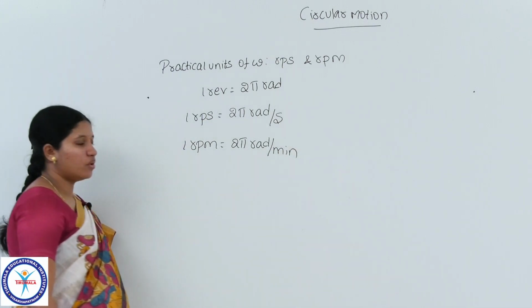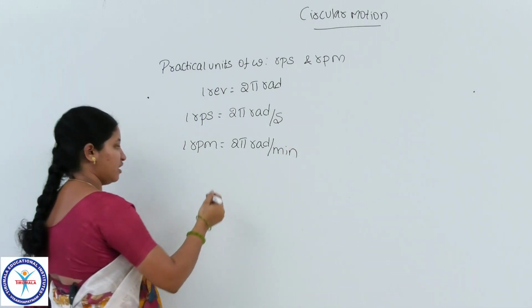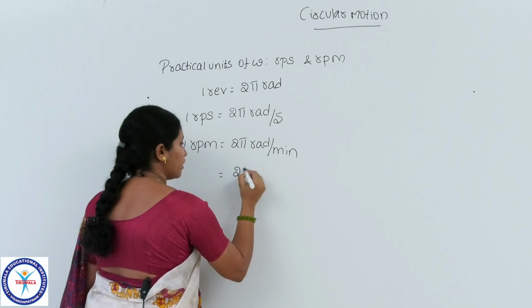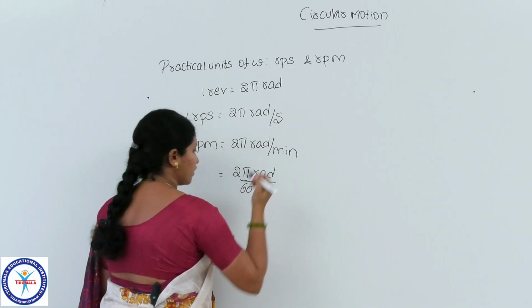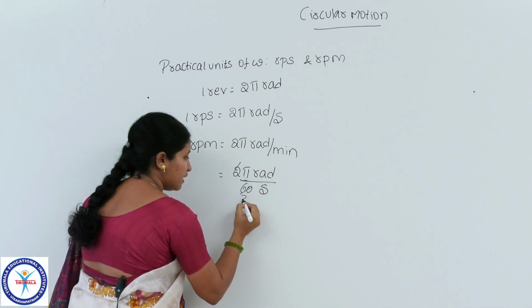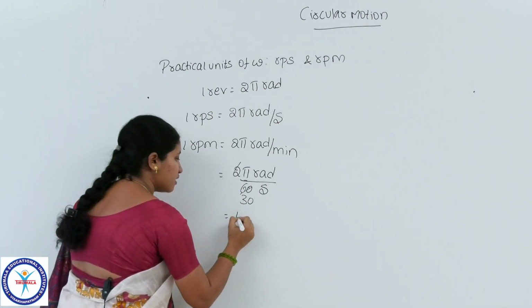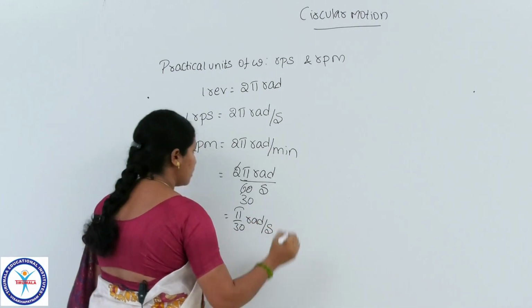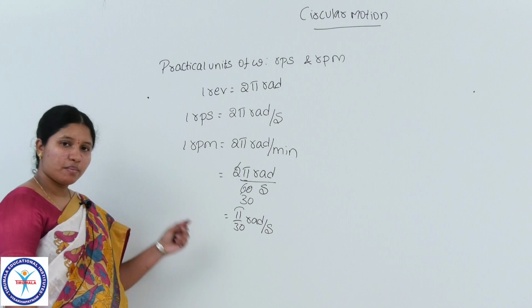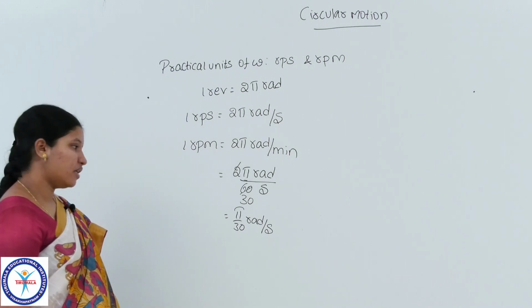Already we know 1 minute is equal to 60 seconds. So substitute in place of minute 60 seconds. So 2 cancels 60, 30 times, that is equal to pi by 30 radians by second. So 1 rpm is equal to pi by 30 radians by second.